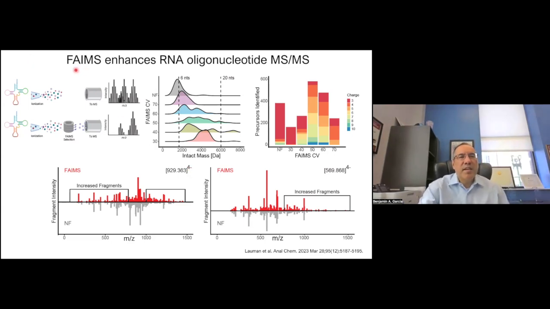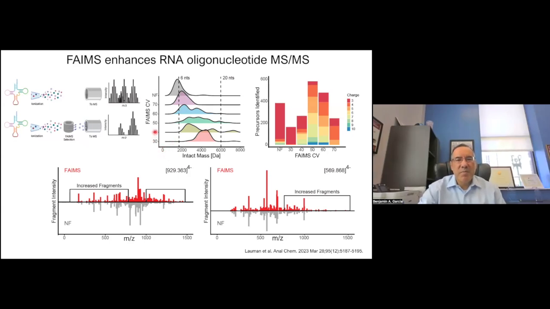And so we've been looking at including field asymmetric ion mobility mass spectrometry, FAIMS, into our workflows. FAIMS works because it essentially separates out ions in electric fields by charge. And if you're thinking about charge, the longer something is, the more charge it's going to have.